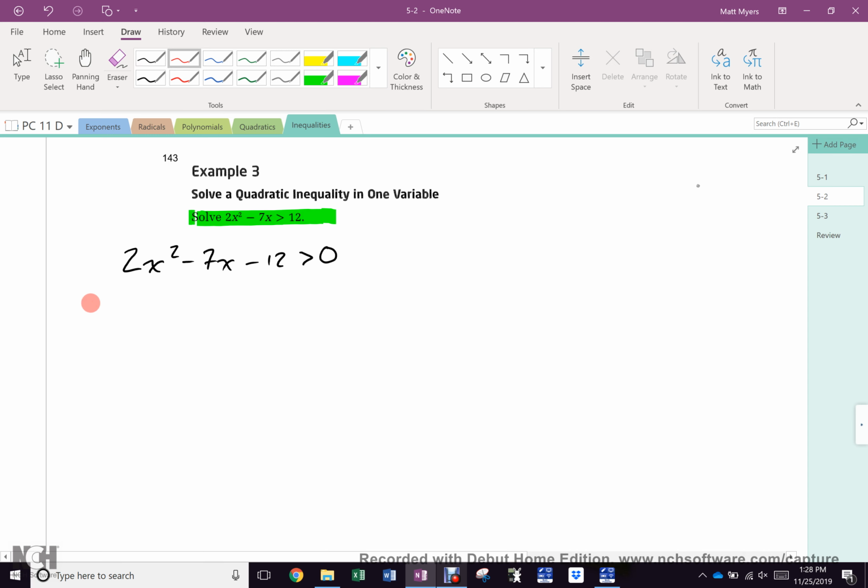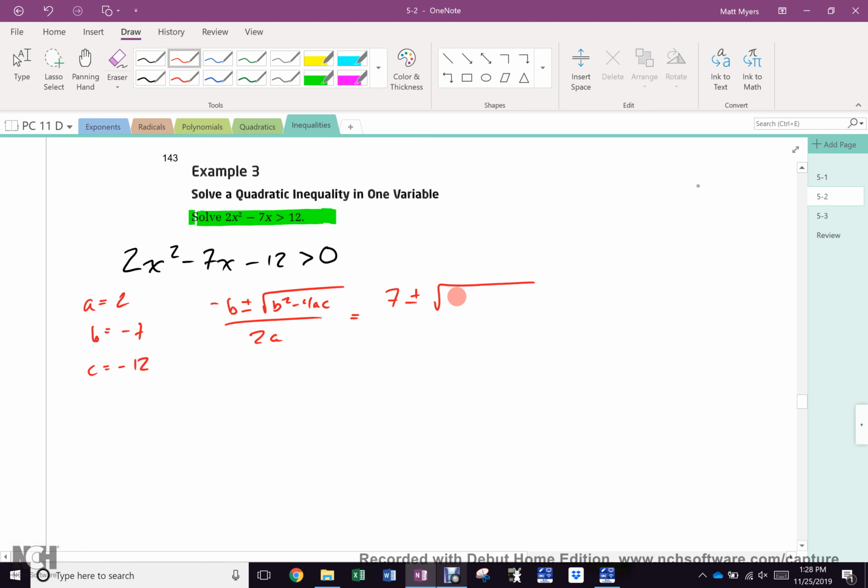So what's A? 2. What's B? Negative 7. What's C? Go. How many people remember the quadratic formula? Maybe you don't. So fill her in. 7 plus or minus the root of 49 plus 8 times 48.